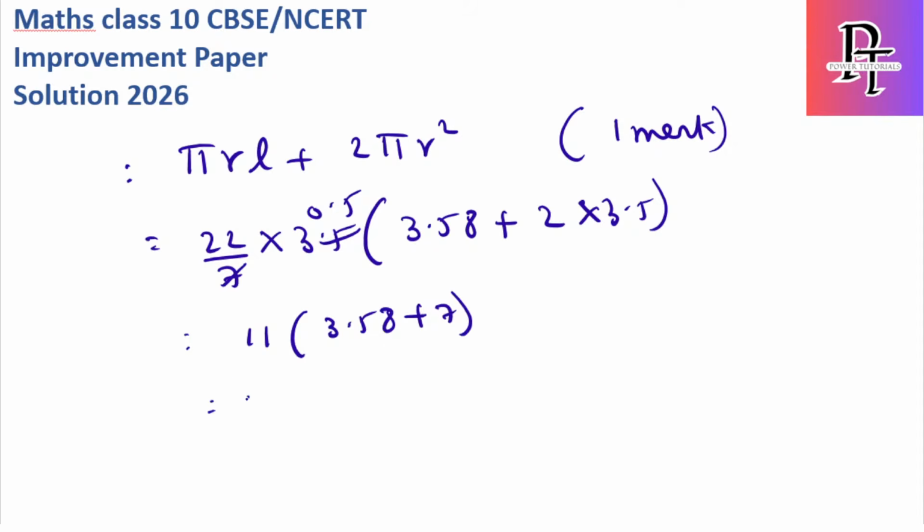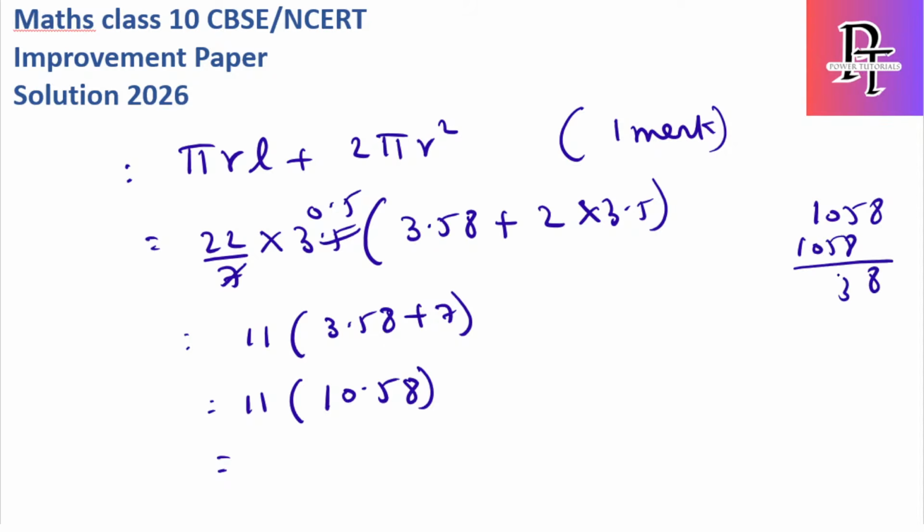So this value I'll get as 11 into 3.58 plus 7, which will become 10.58. So if I multiply into 11, I'll get 1058. So this becomes 8, 13, and then 6, 11638. 116.38 centimeter square is the final area.